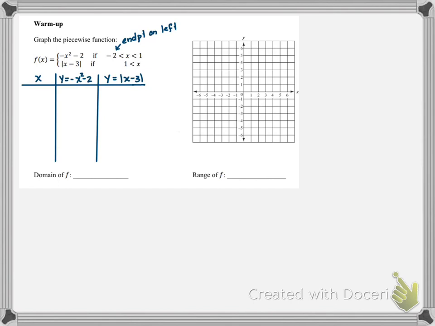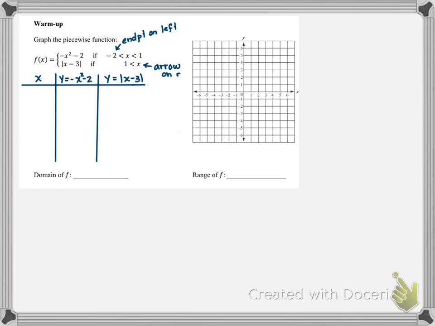Our x values can go from -2 to 1, so they can't be smaller than -2, and then they can be anything above 1, it tells us on the second line. So there's no biggest value of x. There's nothing limiting how big x can be. If there was a number here, that would mean we stopped at that number. But because x can be anything bigger than 1, we're going to have an arrow on the right.